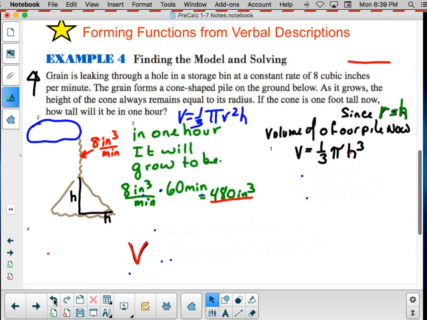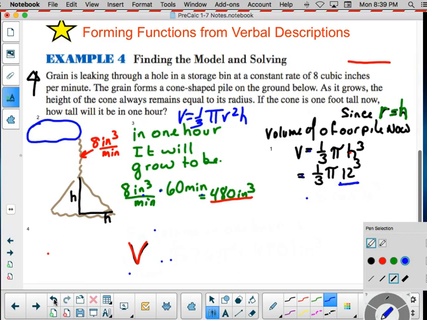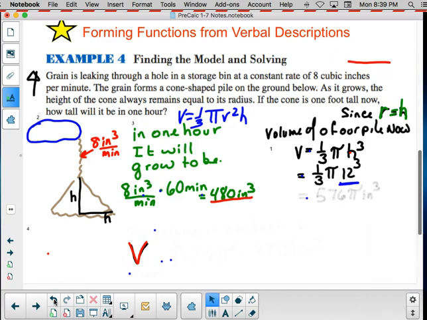Okay, but now keep in mind, I was told the original volume, and I know my original height is 1 foot, and everything's in inches. So my original volume, being that I've got 12 inches initially, because I was 1 foot high, is 576 pi inches cubed.